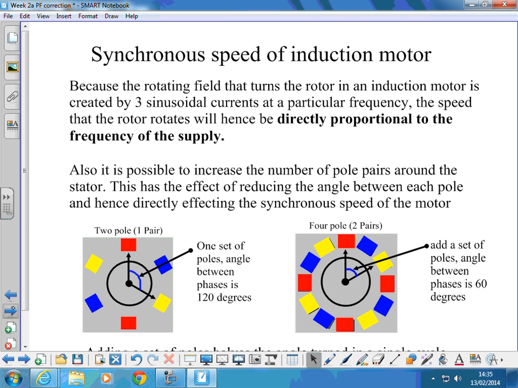Every step on that diagram had it going 60 degrees. Between phases, it moves 120 degrees. If we take that set of poles and place another set in between them, in one cycle of the mains, that wouldn't travel all the way round, it would only travel 180 degrees.